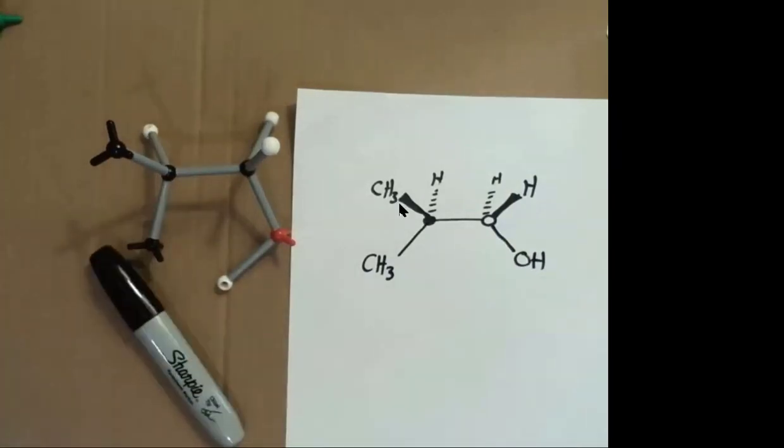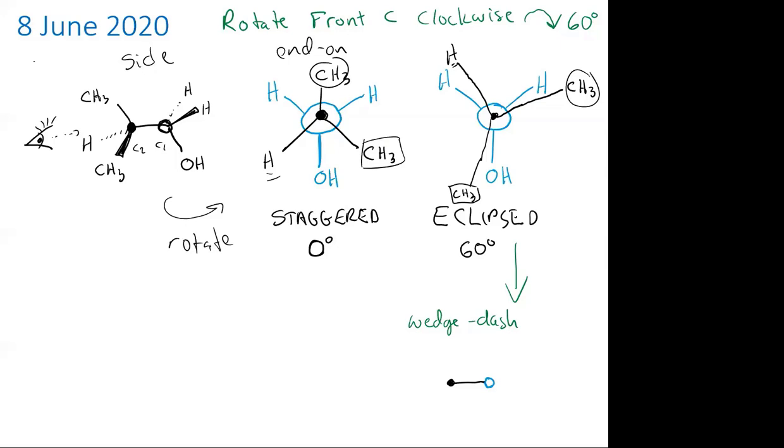So let's redraw that picture over here. Again, on the front carbon, we had CH3 in the plane of the page, CH3 wedge up here, dashed hydrogen, and then on the rear carbon, OH, hydrogen wedge, hydrogen dash.